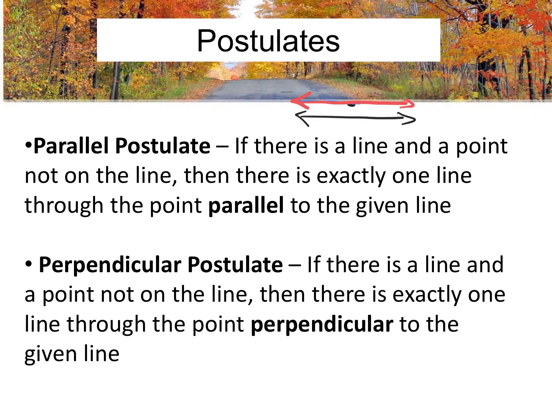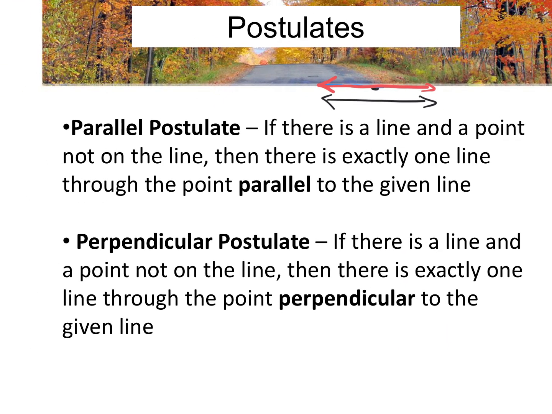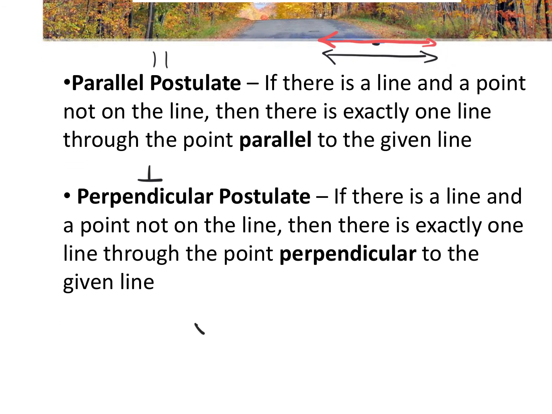Same thing for the perpendicular postulate. So again, remember the symbol for parallel are going to be 2 straight lines. The symbol for perpendicular, that's the upside down T. And the perpendicular postulate states that if there is a line and a point not on the line, so same scenario, if I draw my line and then a point not on the line, then there is exactly 1 line through the point that would be perpendicular to the given line.